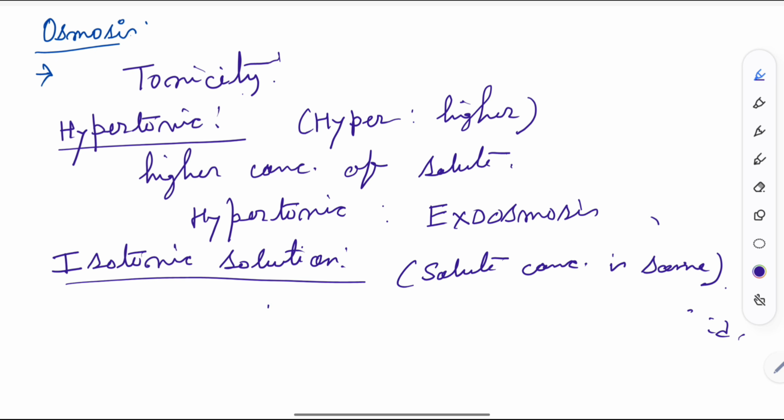So here we will see no osmosis. Typically osmosis occurs as long as there is a difference in solvent concentration. Once the solvent concentration is similar in both cases, then osmosis will stop.